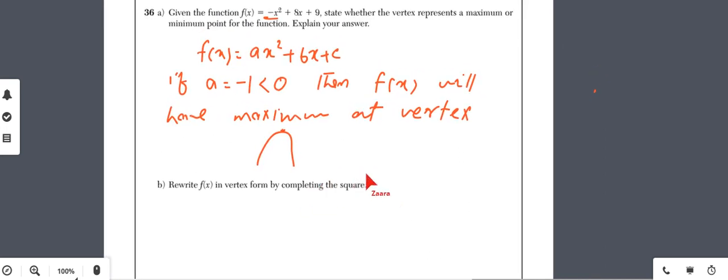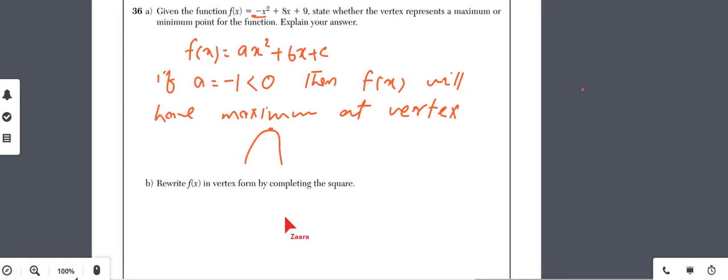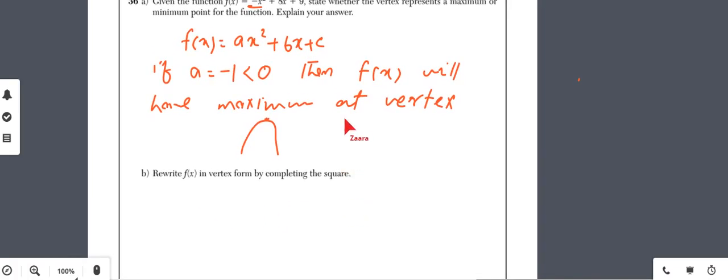The next is rewrite f of x in the vertex form by the completing the square method. So how will you do that? Now let me write here. We have y is equal to negative x square plus 8x plus 9.